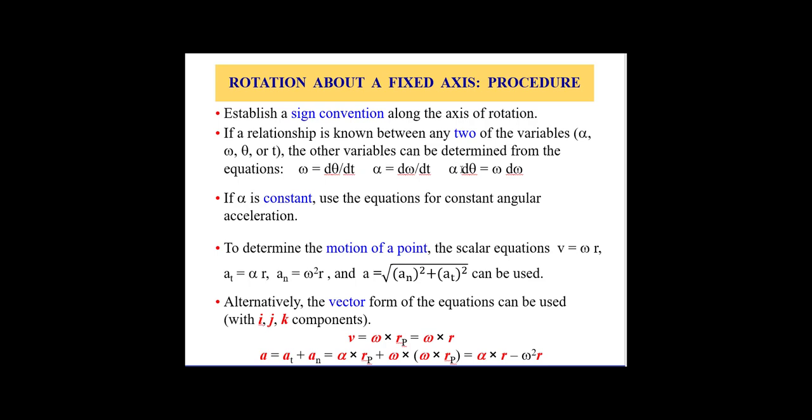For a constant angular acceleration, it will be similar to what we discussed in previous slides. Remember that this operation is a cross product, and you can use the determinant method. Remember these two equations, this one and the equation for the velocity, so you can write them in components i, j, and k.